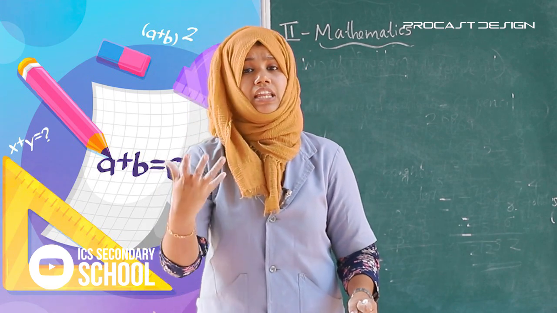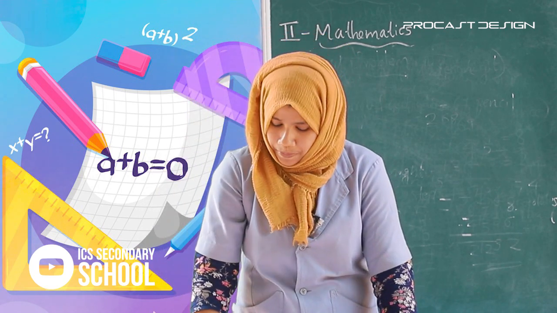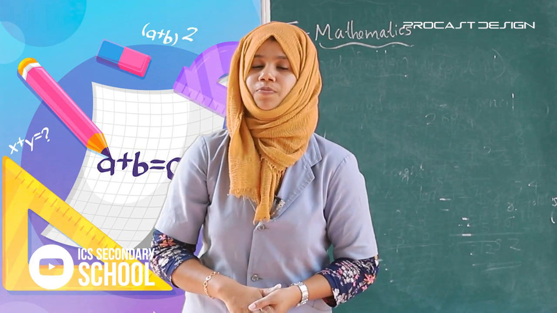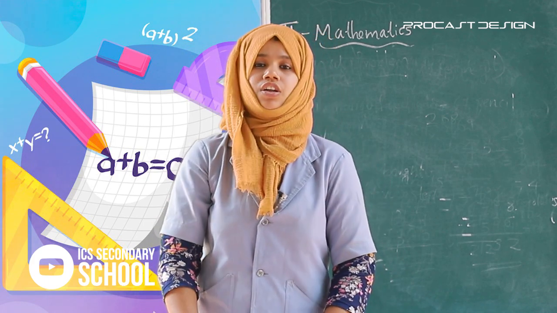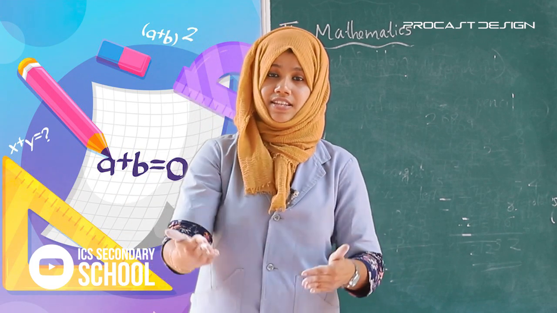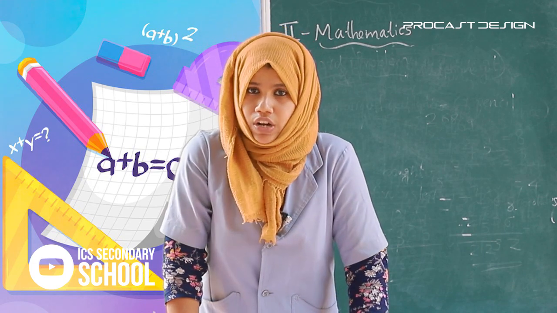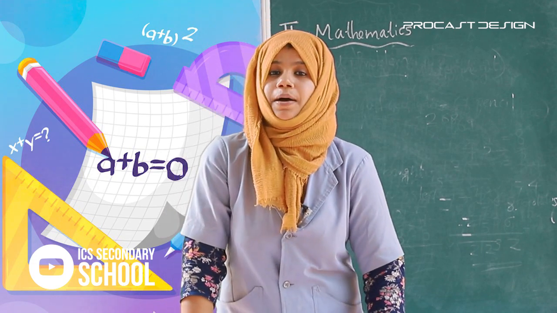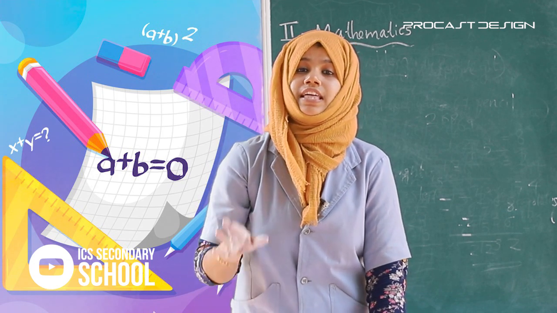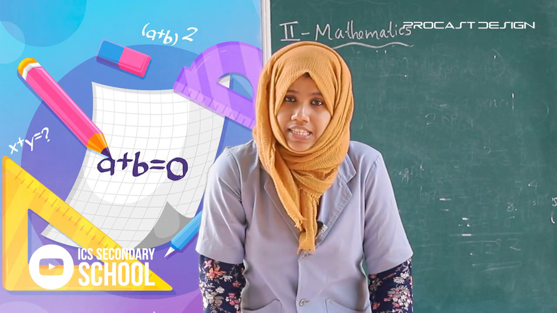If you have any doubt, you can ask me. Next is checking subtraction. If you solve any subtraction problem, we have to check if it is correct or not. So what will we do? We add the answer, or difference, with the smallest number in that problem. If we get the larger number, that means the answer is correct.